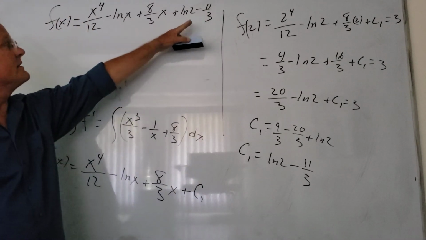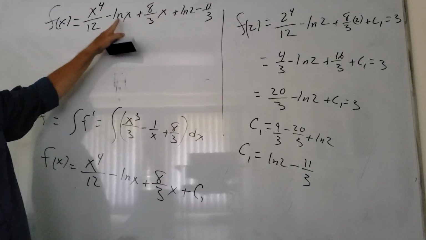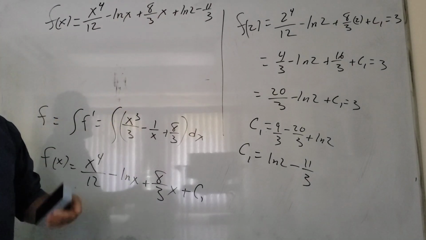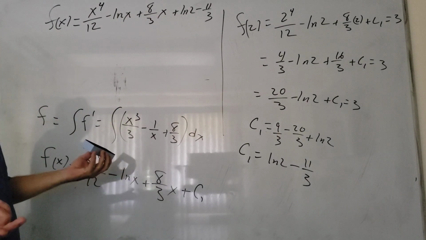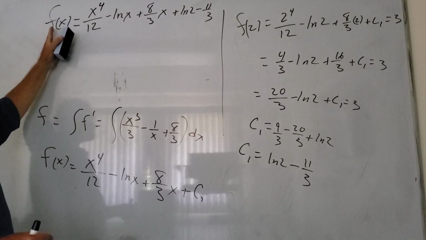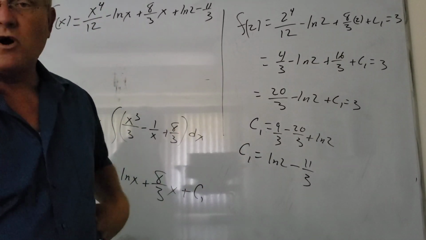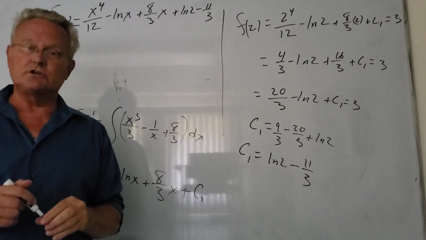So this is our constant here. Now you could use the properties of logs and write these two as a single log, but I'm not going to bother with that. I'm just going to leave it like this. So this is our function given what the second derivative was along with those initial conditions.